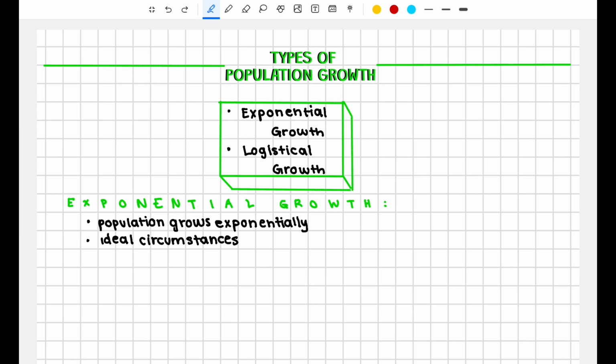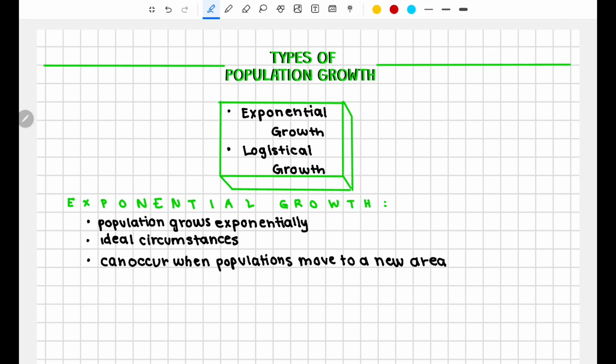It's going to be easier for disease to spread, and competition is going to start, because once the population has reached a certain limit, there won't be enough resources to support everyone. So that's why we can't think of exponential growth as something that happens for a very long period of time. Rather, it's something that happens under ideal circumstances, and we'll talk about those very limited circumstances.